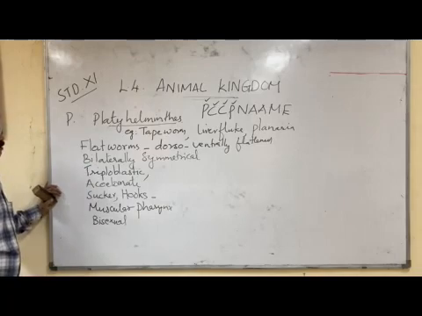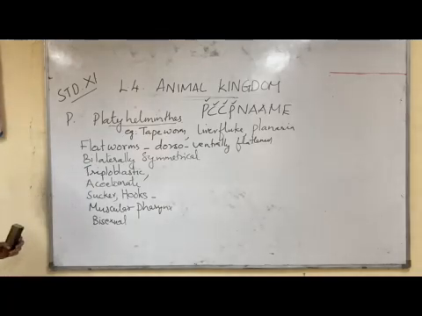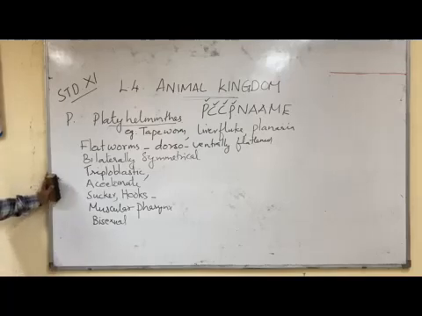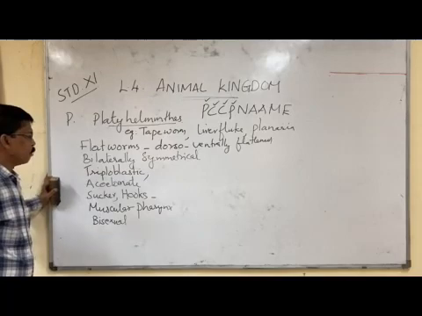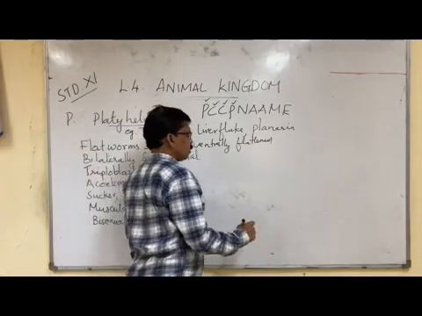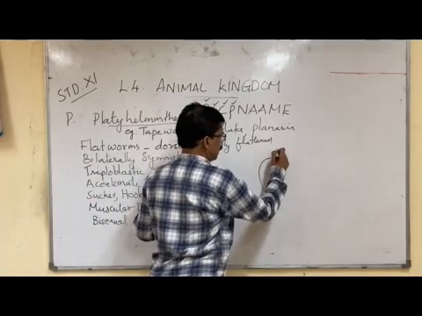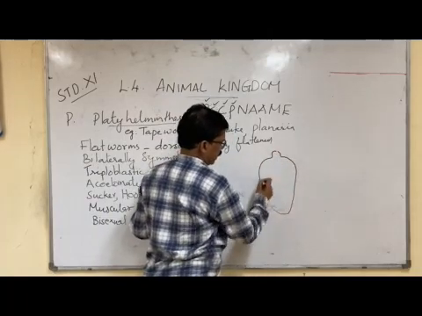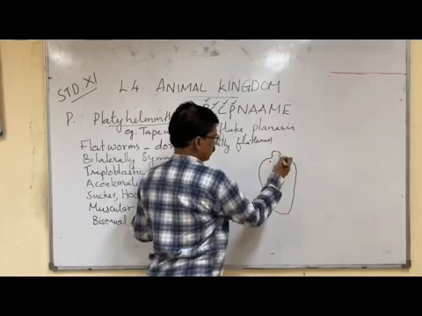So what are the important features of Platyhelminthes? Tapeworm, liver fluke, planaria, flatworms. Entirely flatworm, dorso-ventrally flattened body, bilaterally symmetrical. You know what is bilaterally symmetrical? If you take a planaria, for example, planaria appears like that. This is planaria.